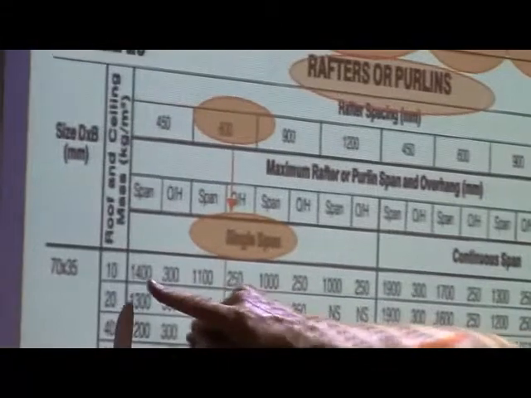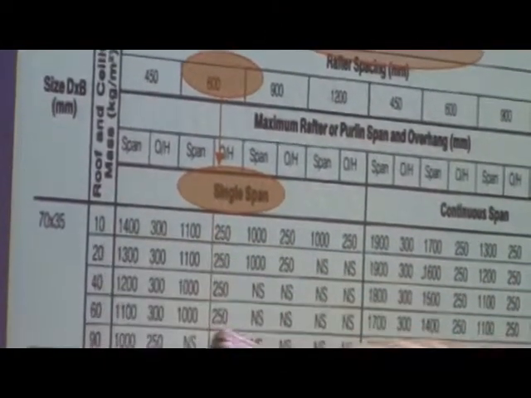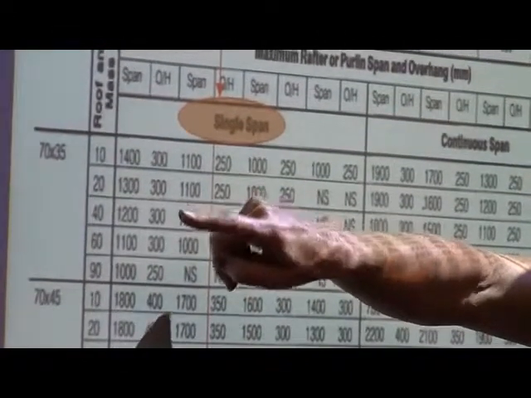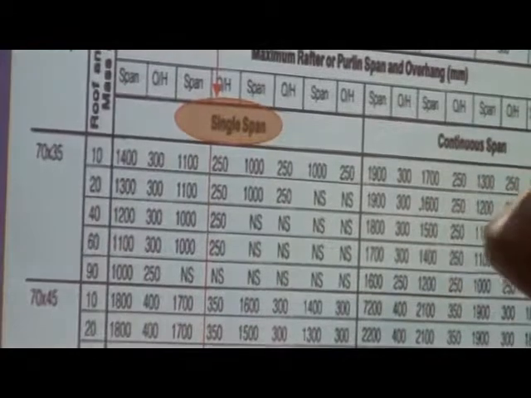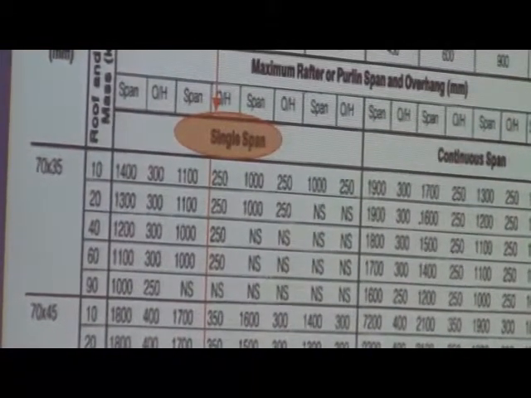All right, so it's allowing you to choose what type of roof mass you have. So a very light roof covering, roof sheeting, would be 10 kilograms per metre squared. So that might be like just sheet roofing with some insulation.